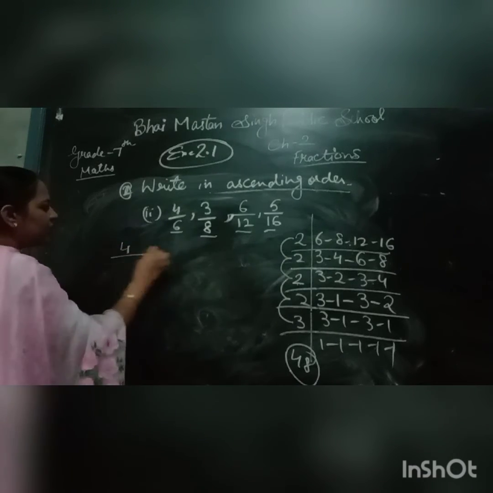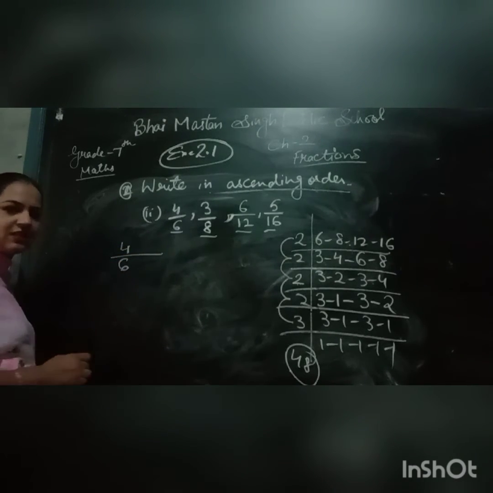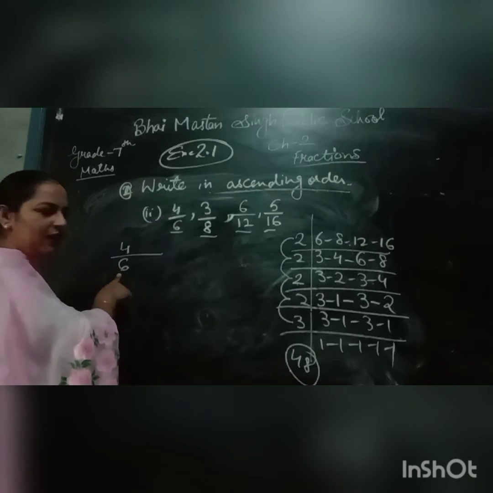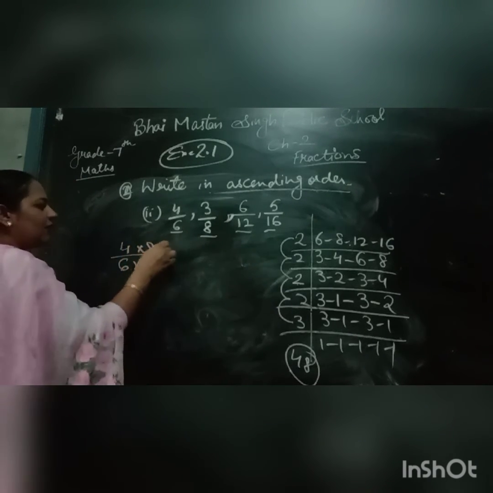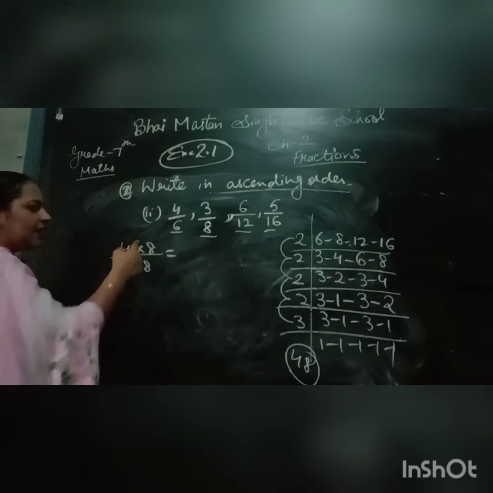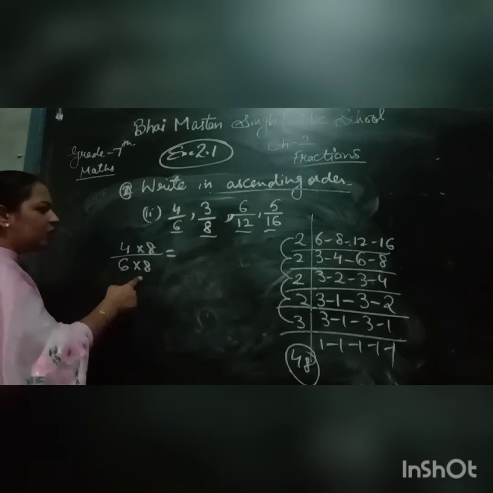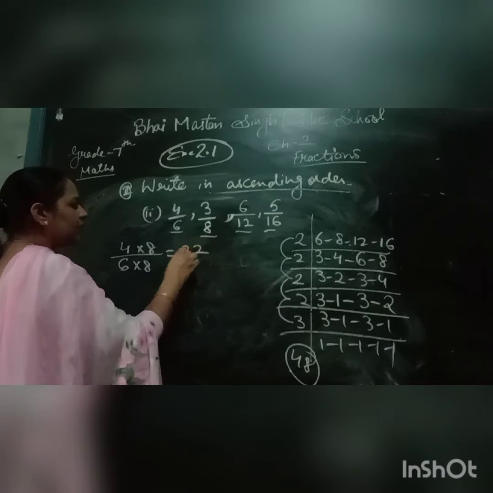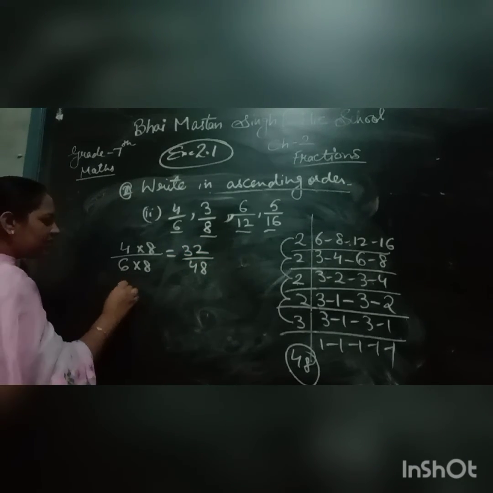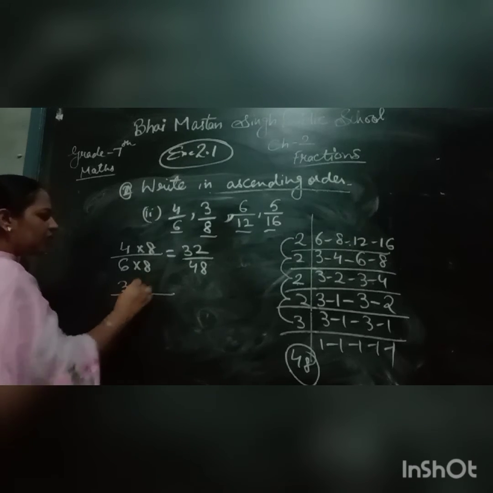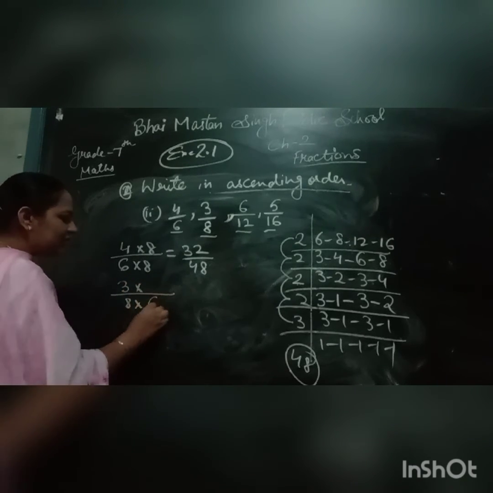So I will write the first number, 4 by 6. Count the 6 table, where 48 comes, it comes at 8. So I will multiply by 8 on the upper side and the down side, in numerator and denominator. 8 fours are 32, and 6 eights are 48. Next is 3 by 8. Count the 3 table, we know that 8 sixes are 48.